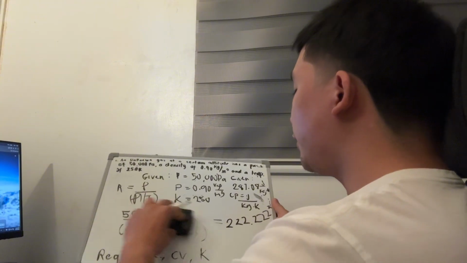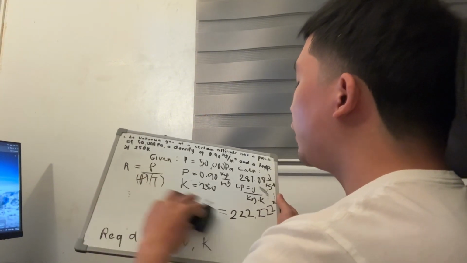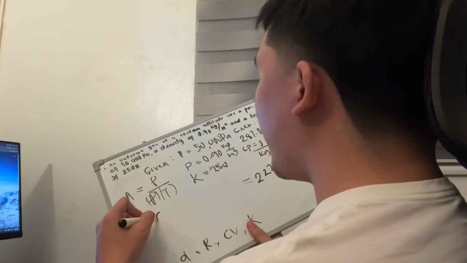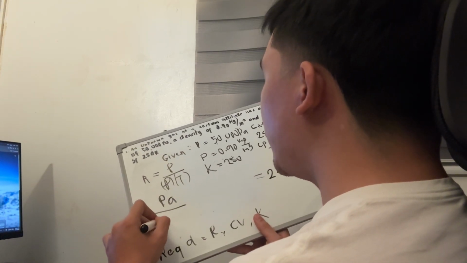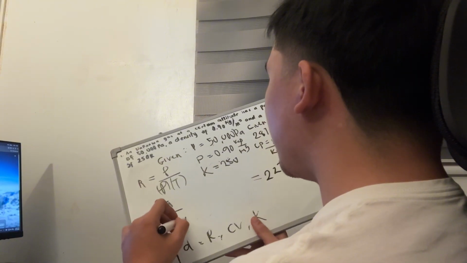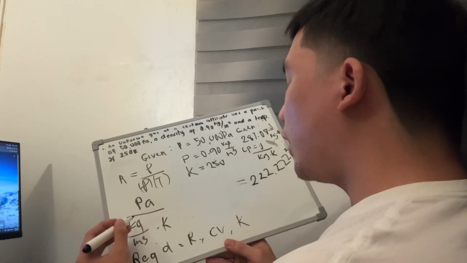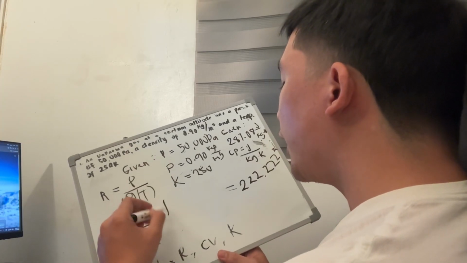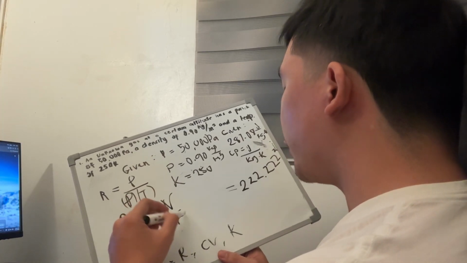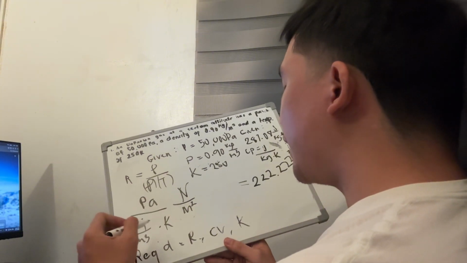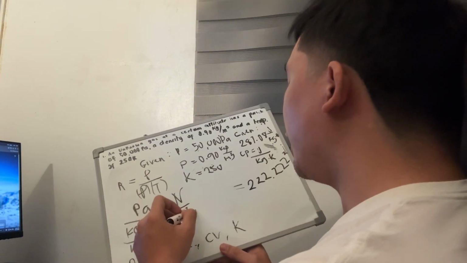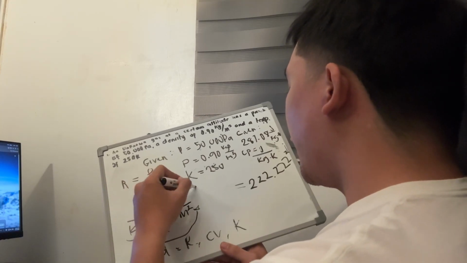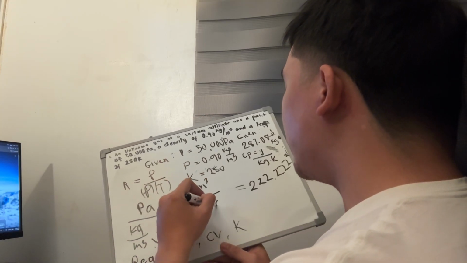And for our unit, we can do dimensional analysis. For our pressure, we have Pa over kg/m³ times K. We can express the pascals as N/m². Next, we can reciprocate and cancel out the m², so we have m³ over kg.